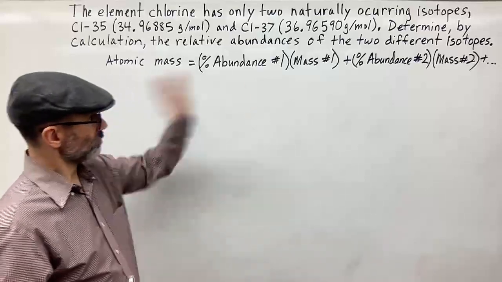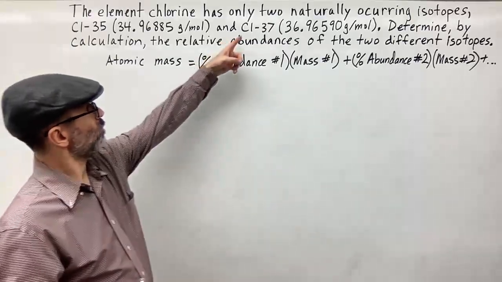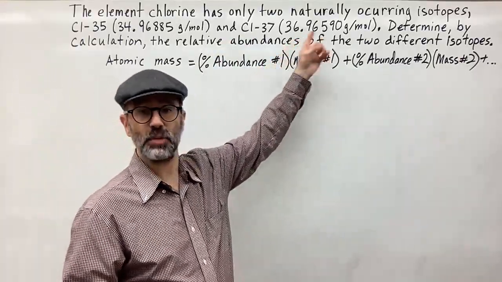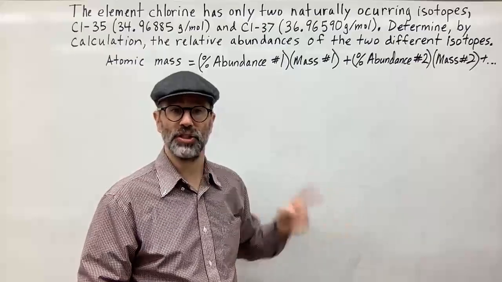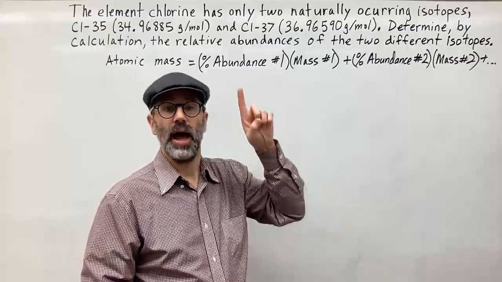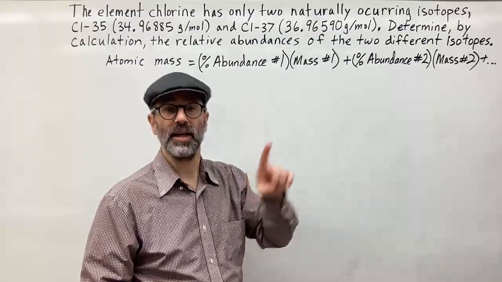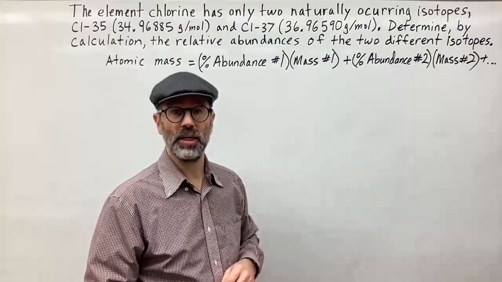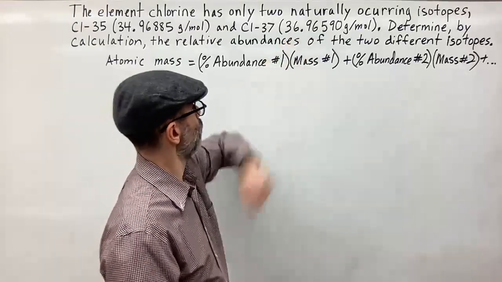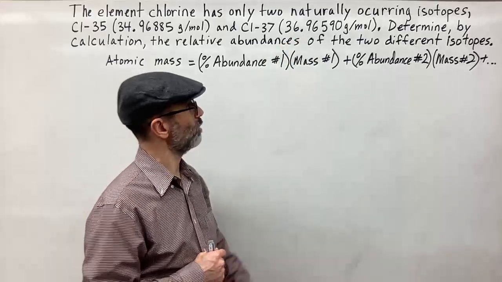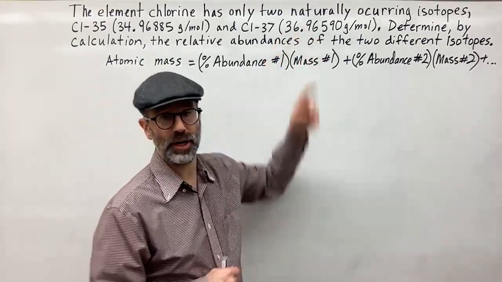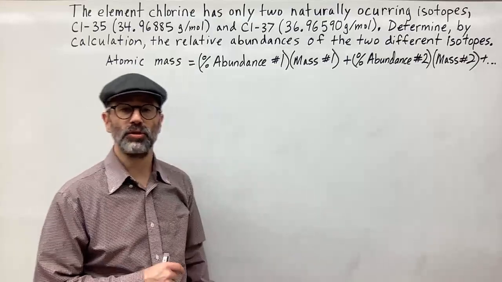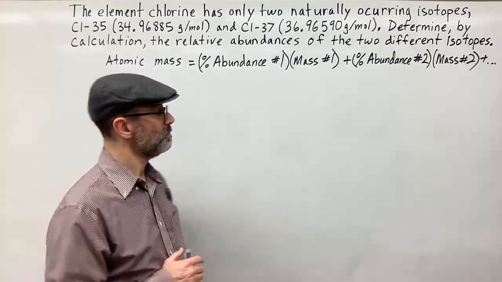So for chlorine 37, this could be in AMUs, atomic mass units. If we're talking about one atom of chlorine 37, then the mass of that is going to be 36.965 or whatever. So this number here, but in AMUs, right?